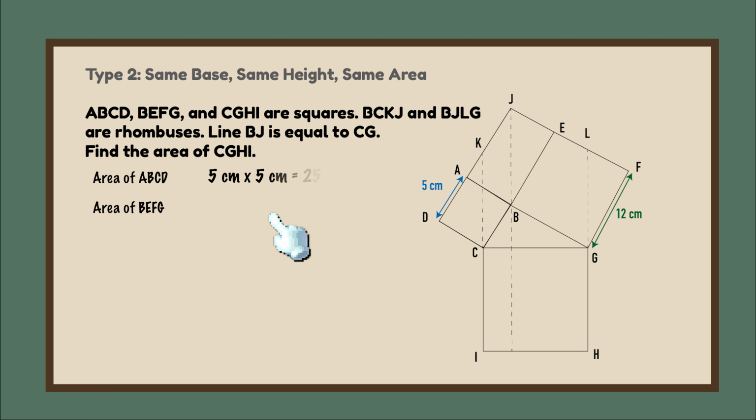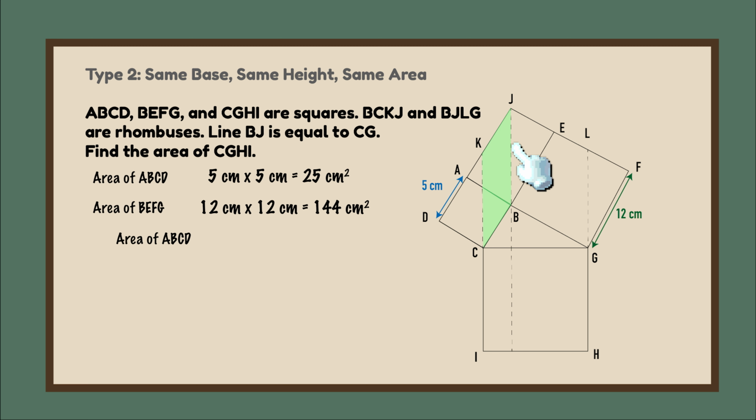So we have 25 square centimeters and 144 square centimeters. Now, BCKJ is a rhombus, and it shares the same base and the same height as the square. So we can say that this rhombus has the same area, right? And I think for the bigger square, it also shares the same area as the rhombus BJLG.